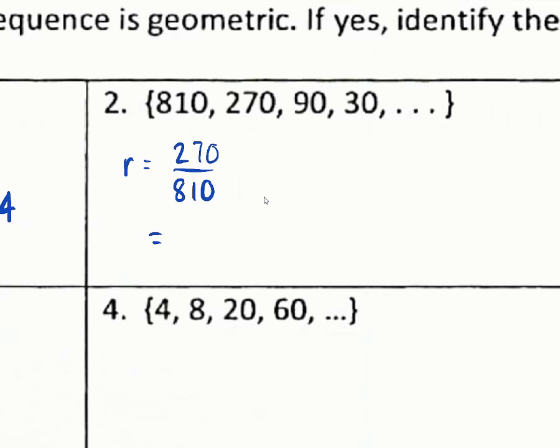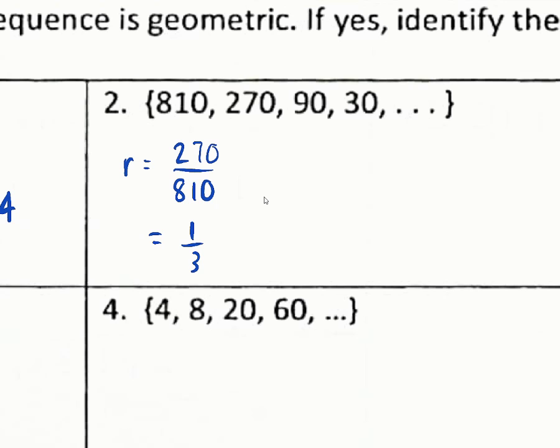So when I type in 270 divided by 810, if you don't use alpha y equals number 1, it's probably going to write it as a decimal. Is this a terminating decimal or is it a repeating decimal? We don't like repeating decimals in our work, so we're going to change this back to a fraction. Remember how to do that? Alpha y equals number 3. And it is 1/3. So listen, guys.